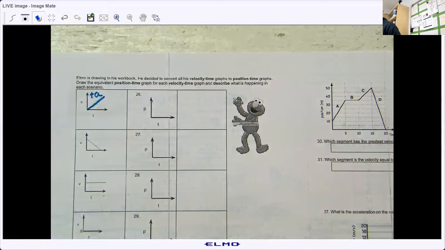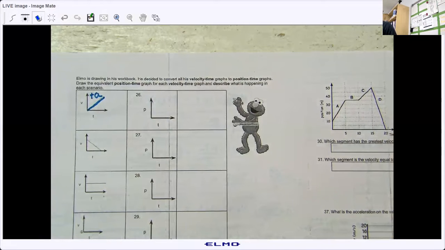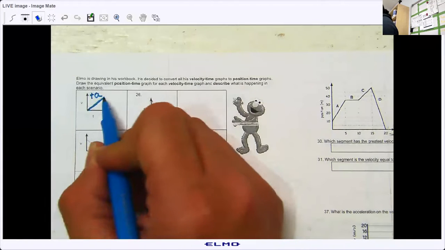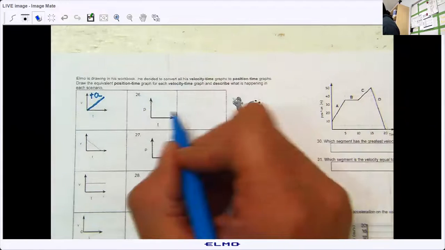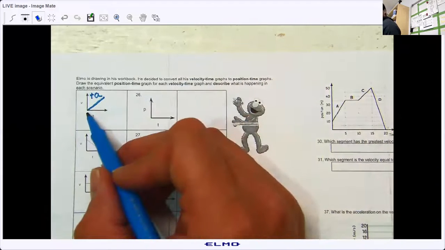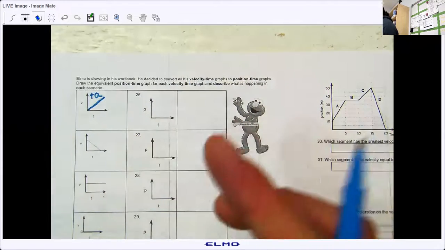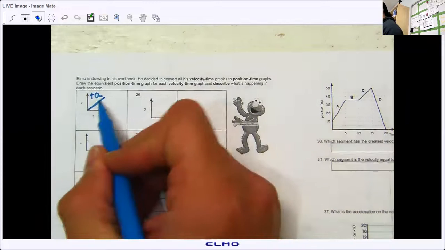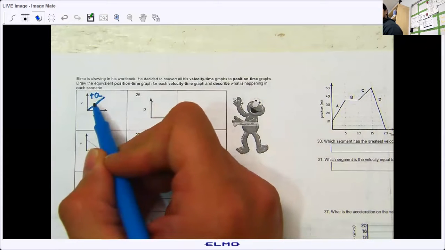For our purposes, we can say that the object is accelerating to the right, or for us, we can just say that it's speeding up. That'll be fine for now, that it's increasing its speed. So in a position time graph, or any graph, if you have a straight line it shows constant. So this is constant positive velocity.